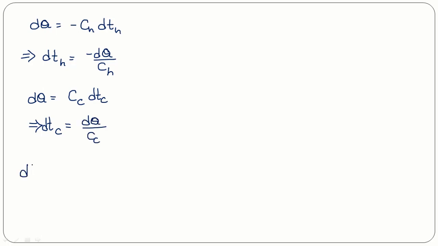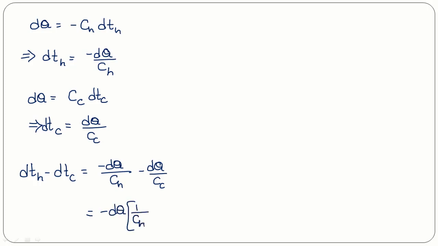Now dTh minus dTc can be written as minus dq by Ch minus dq by Cc. Now if I take minus dq common here, then it becomes 1 by Ch plus 1 by Cc.